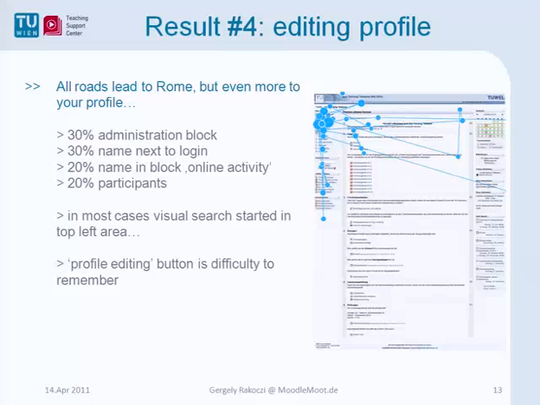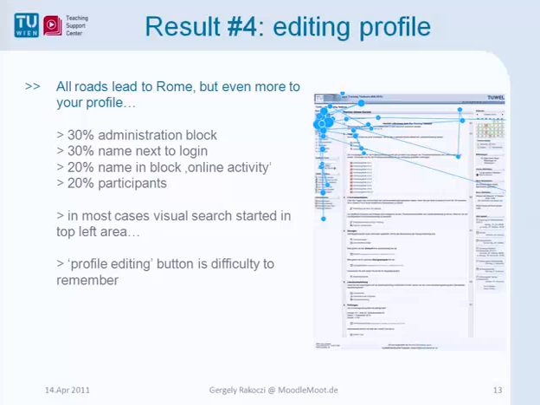So this fourth result here is editing the profile page. The students had the task to edit their profile page, and we investigated which path they use to find it.